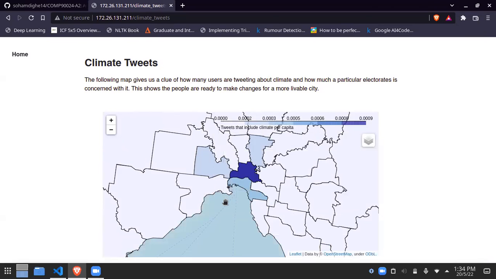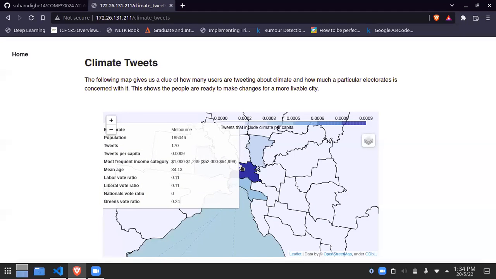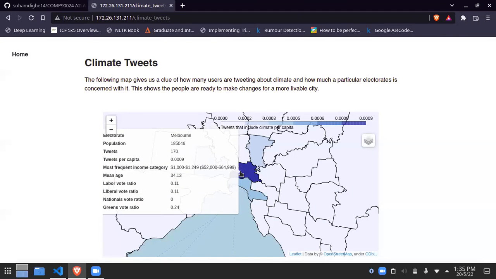We can say that the center of the city has more people talking about it because, A, there's more awareness about it; B, these places are the ones seeing actual results of climate change or having direct consequences from the change in climate.